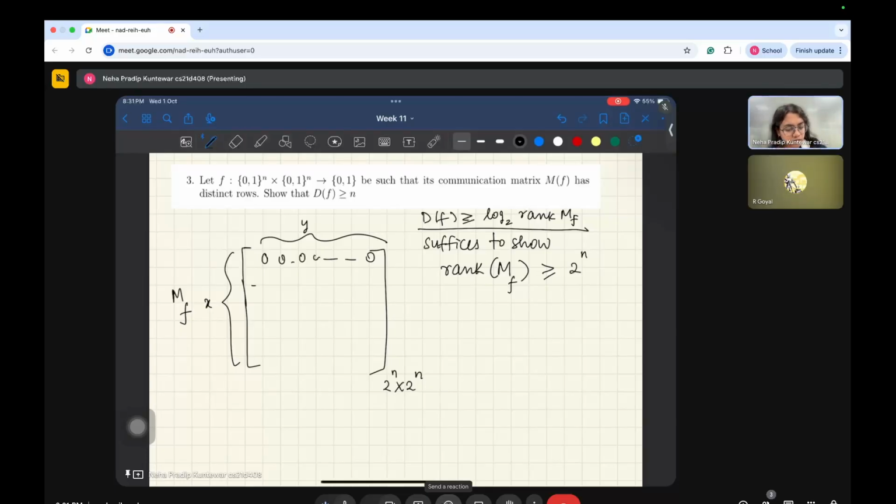So to get here, you need to use this information. This is the only critical information that you are missing right now: that all the rows are distinct.